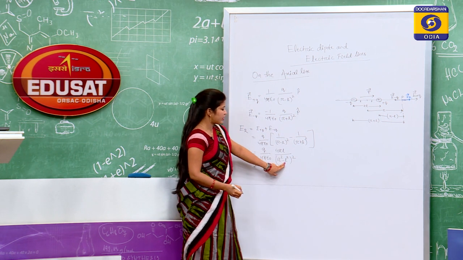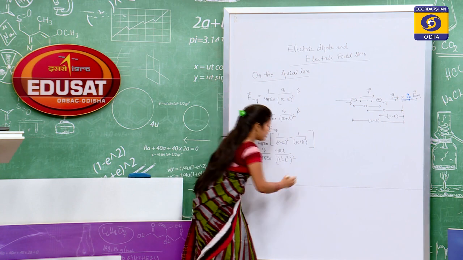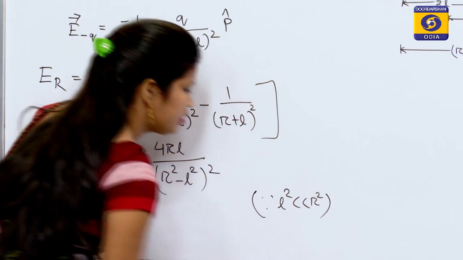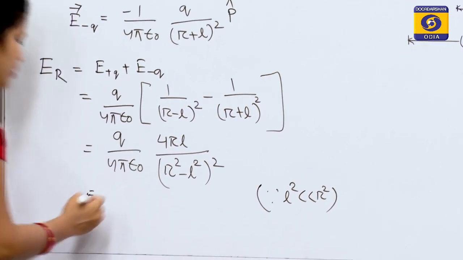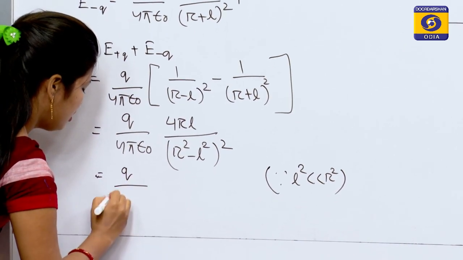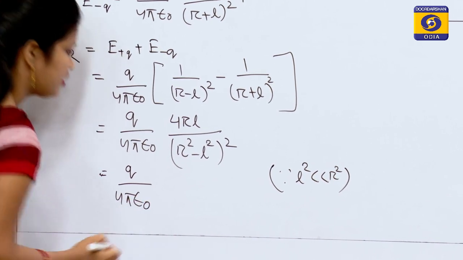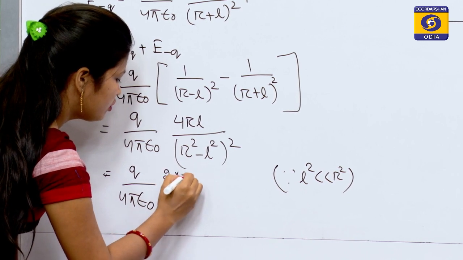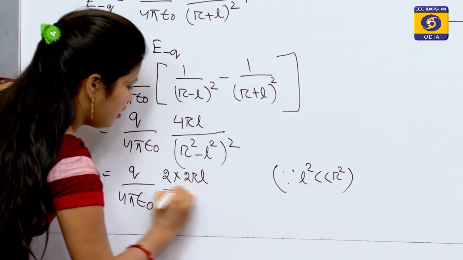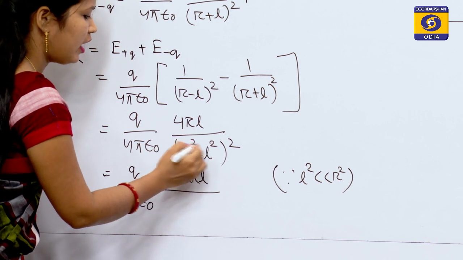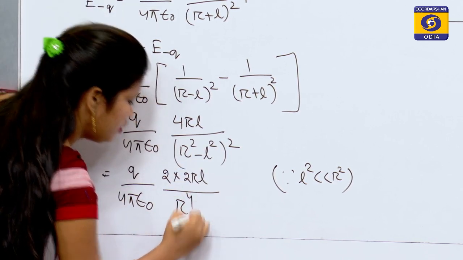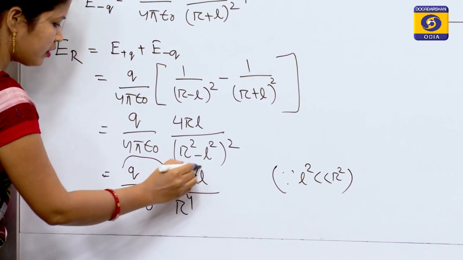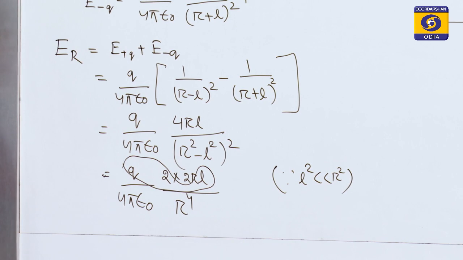As L square is very much less than r square, neglecting L square we will get q upon 4 pi epsilon naught, we can write 4 as 2 into 2, 2 r L upon r to the power 4. See, q into 2L, what does it give? That is the dipole moment.